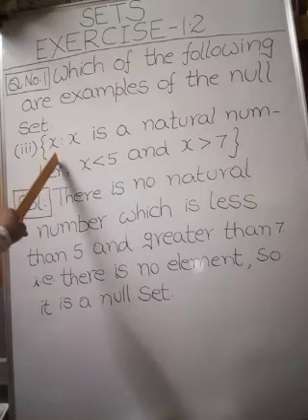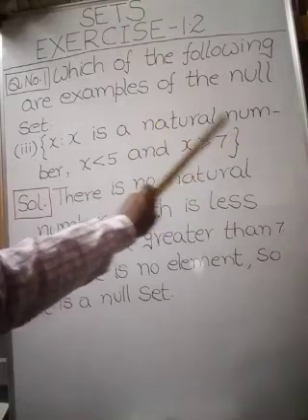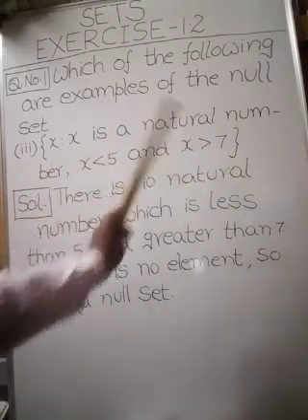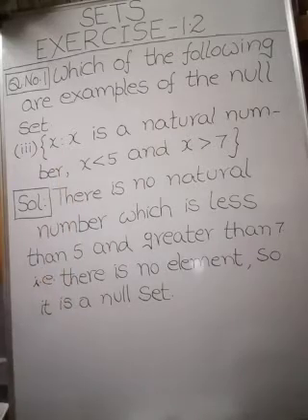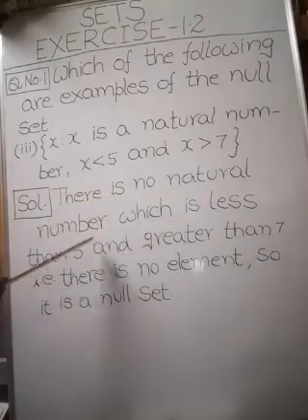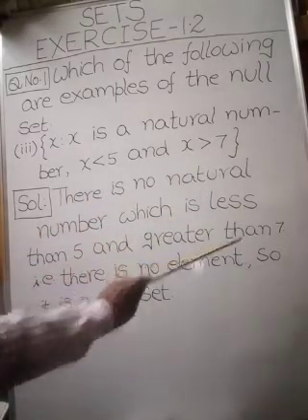The set of all x such that x is a natural number, x less than 5 and x greater than 7. Now we have to verify whether this set is a null set or not. Come to the solution. There is no natural number which is less than 5 and greater than 7.